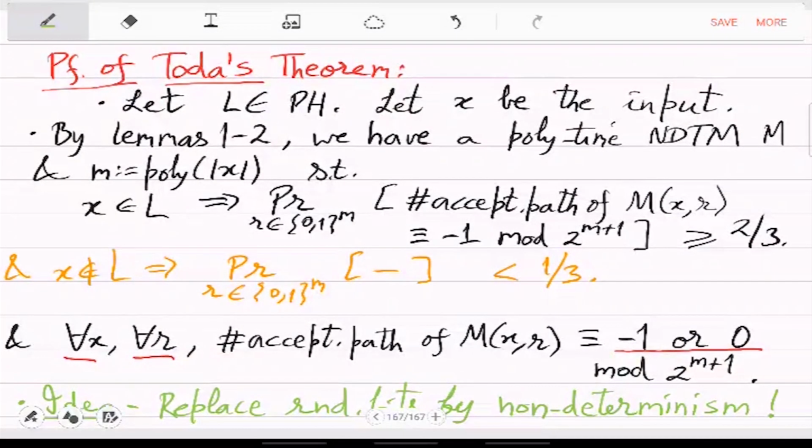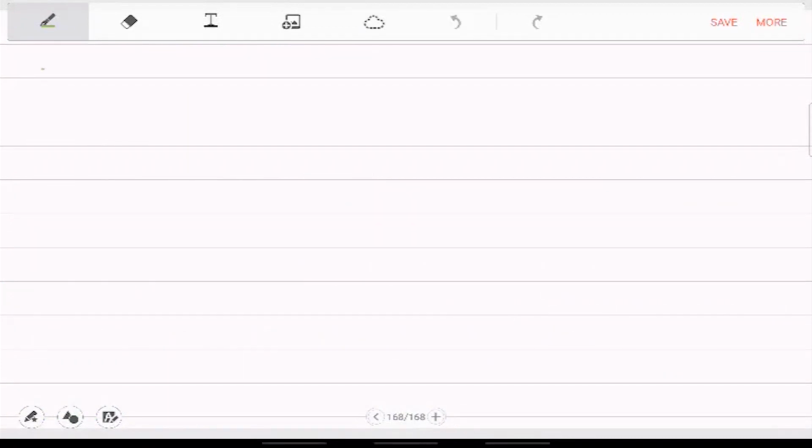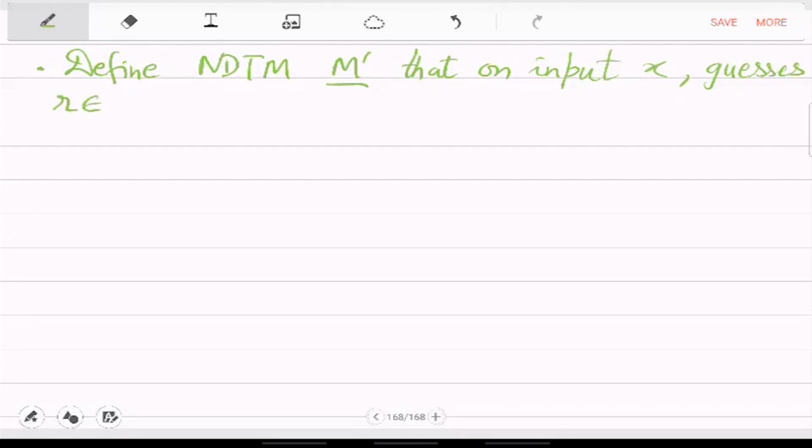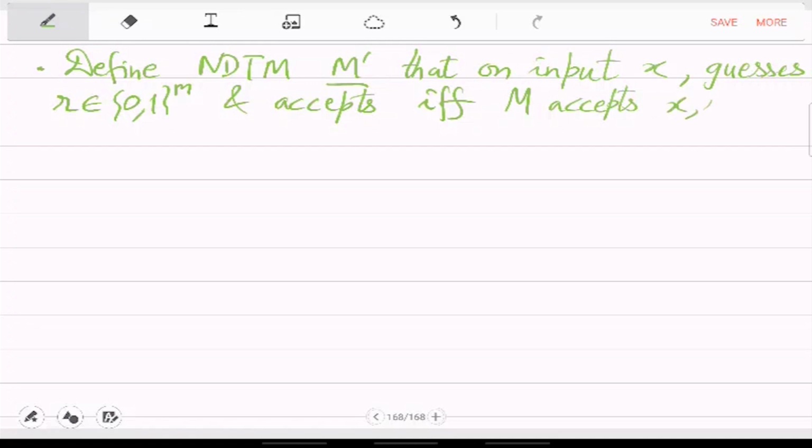And now let us count the number of satisfying assignments. So define NDTM M prime that on input x guesses R and accepts if and only if M accepts (x, r).